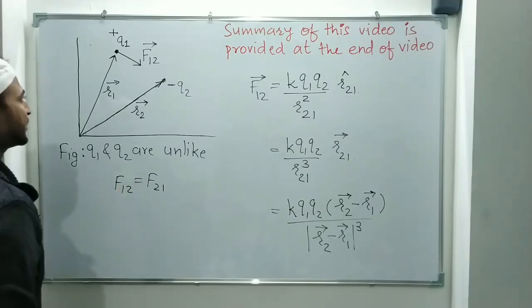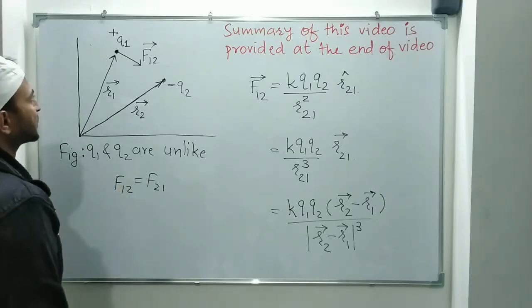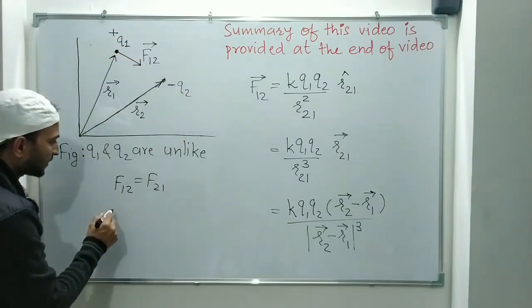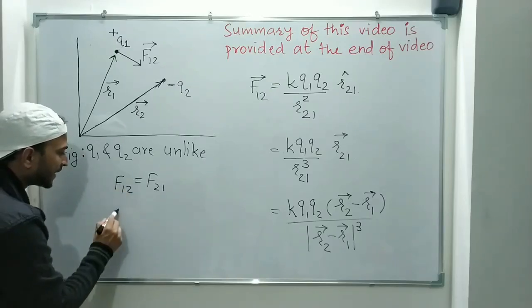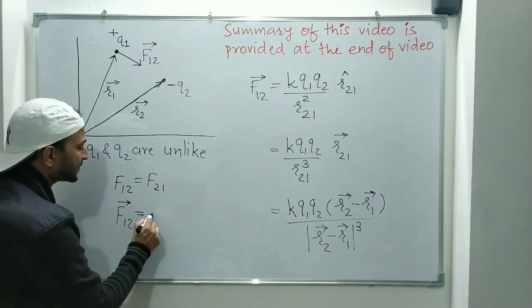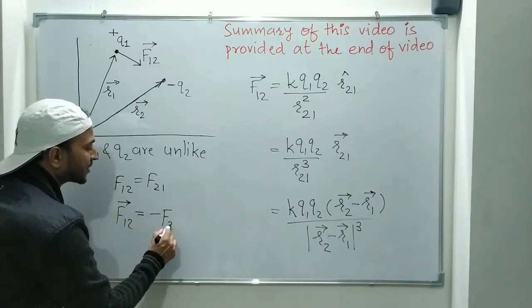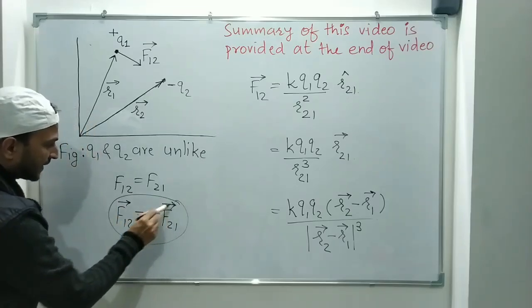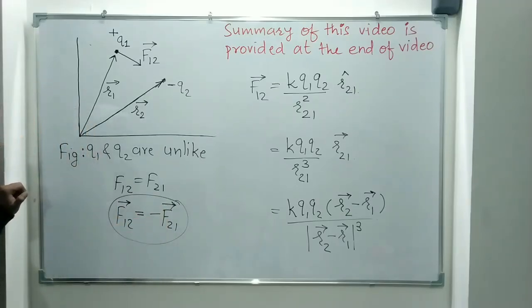Both have equal magnitudes, but both are in opposite directions. F12, F21: magnitudes are equal, but directions are opposite. These are equal and opposite.